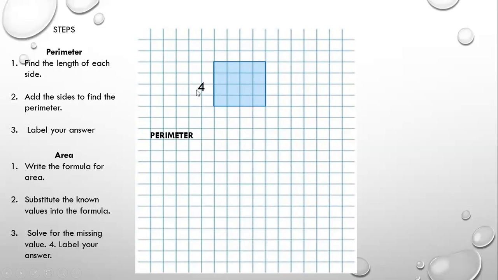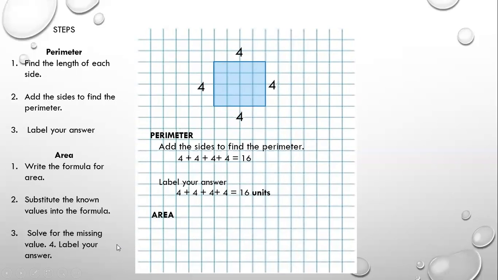We have 4, 4, 4, and 4. Our perimeter, we're going to add the sides, and we'll find that 4 plus 4 plus 4 plus 4 will give us 16. And when we label our answer, we find that our perimeter is 16 units.